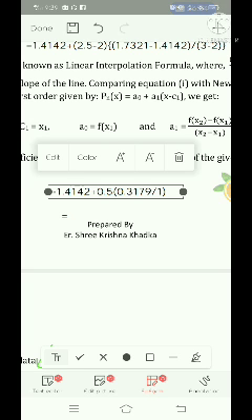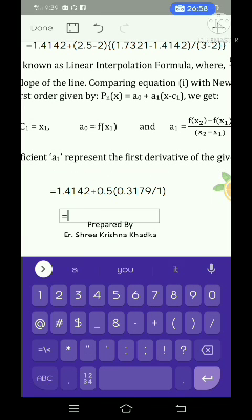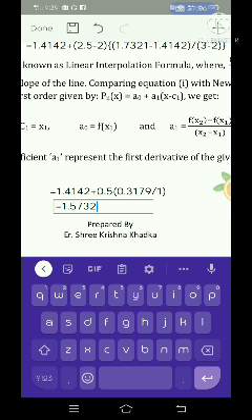Okay, kindly check. 1.4142 plus 0.5 times 0.3179, so we have 1.5732. Ayan. So, that is our answer, class.